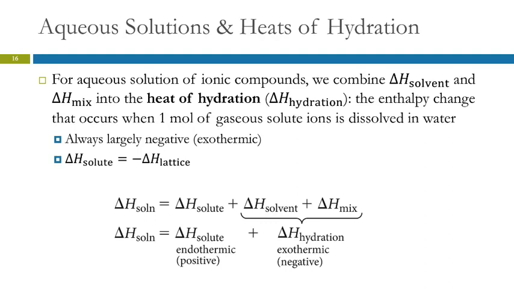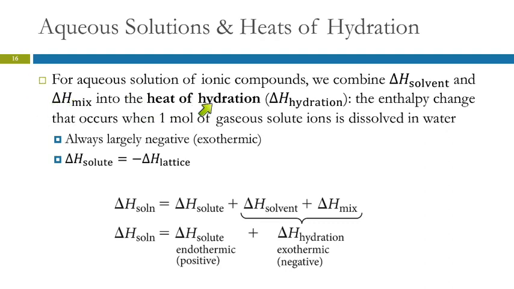So mixing ionic compounds into water, what we can do is we can combine delta H for the solvent and delta H for the mixing. So this is the separating of the water molecules and the formation of the interactions between the water and the ion particles.